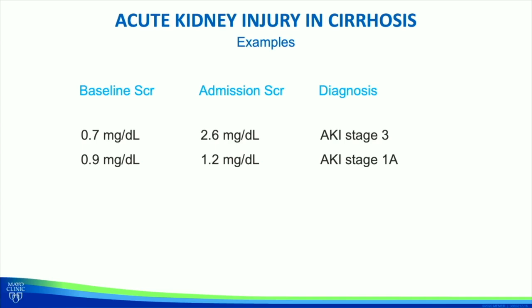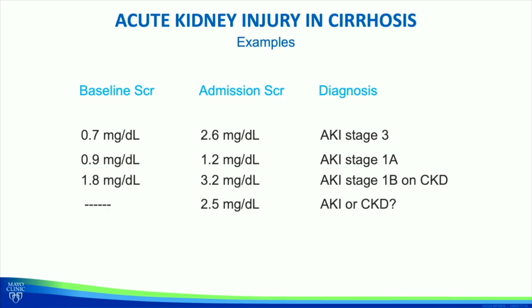It's less than 1.5, so it's stage 1A. Start off with 1.8, went up to 3.2, so it has gone up, but not quite double, so it's stage 1. It is more than 1.5, so it's 1B, but the baseline creatinine was elevated, so this is stage 1B on chronic kidney disease. So this is how you're going to make the diagnosis.